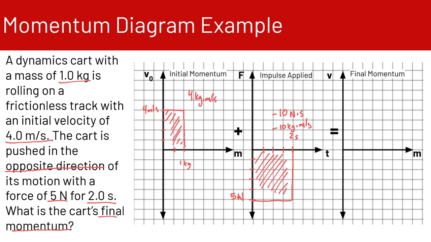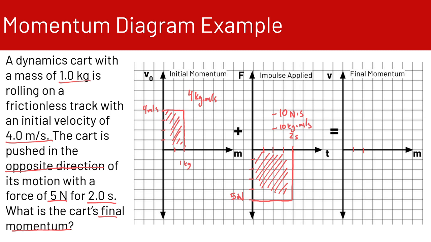Okay, so we started with 4 kilogram meters per second. We added minus 10 kilogram meters per second. So if we have the same mass here, so it's going to be 1 kilogram. So our final momentum is going to be minus 6 kilogram meters per second. So we have 1 kilogram here.